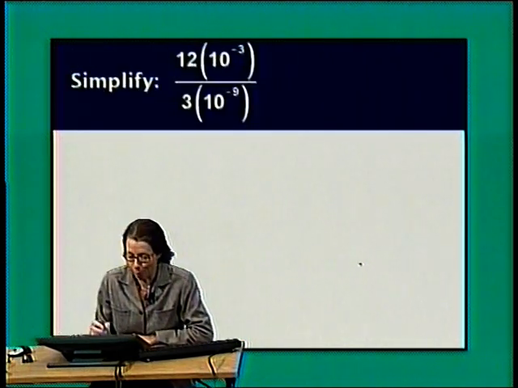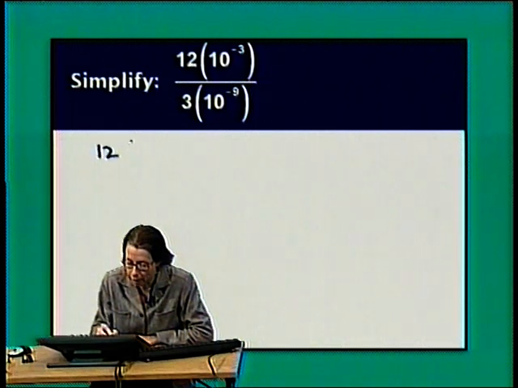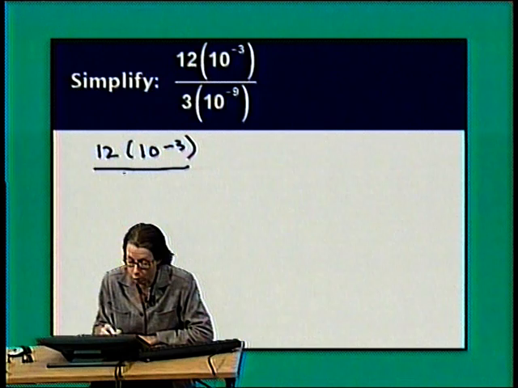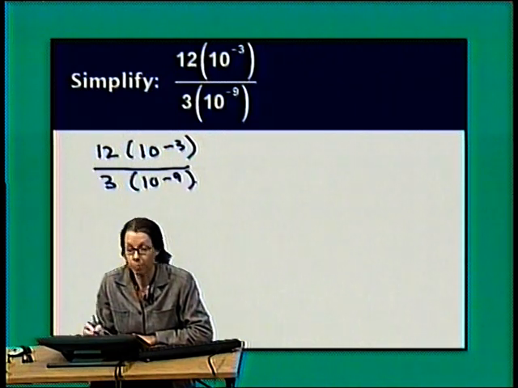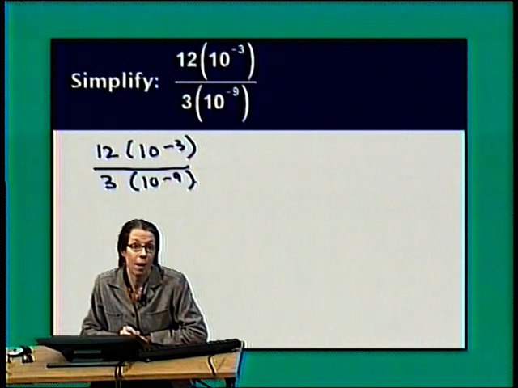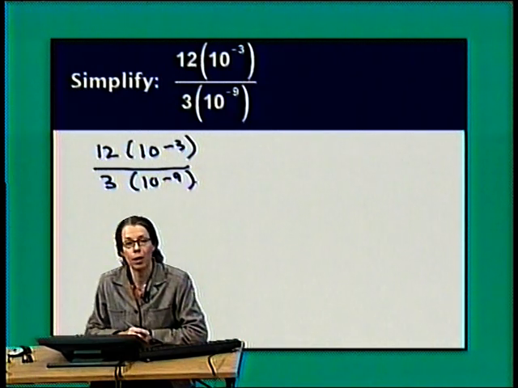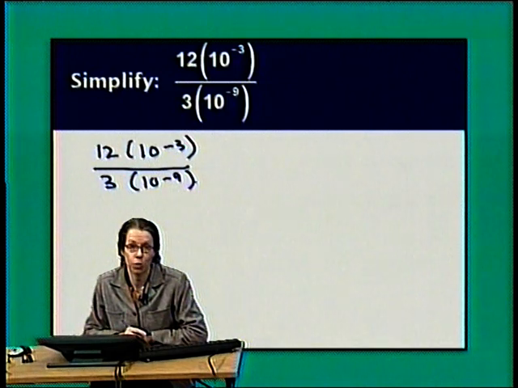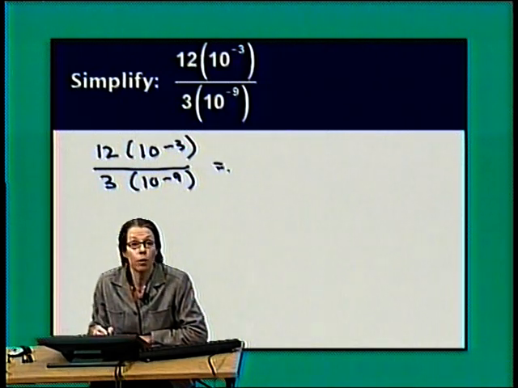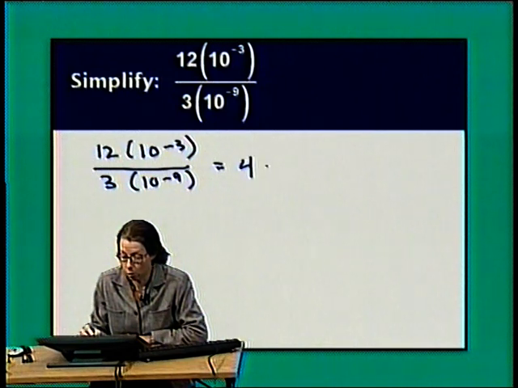Another arithmetic problem. We're looking at 12 times 10 to the -3 all over 3 times 10 to the -9. Now when I do this problem, I have 12 over 3, and I also have the quotient of 2 powers of 10. I think I'm going to do those separately. So 12 divided by 3, that's 4.